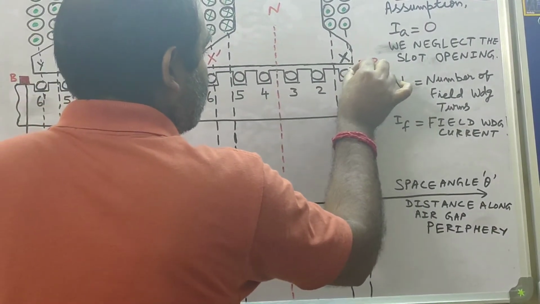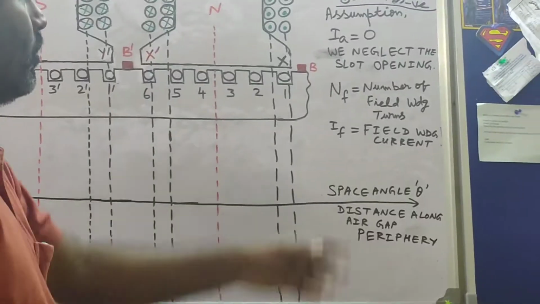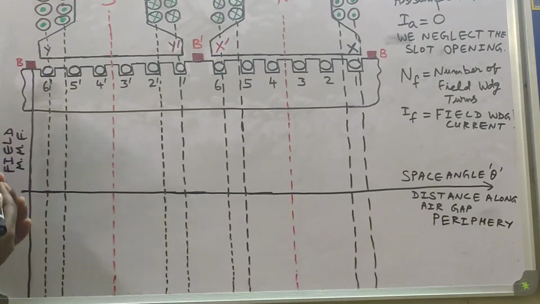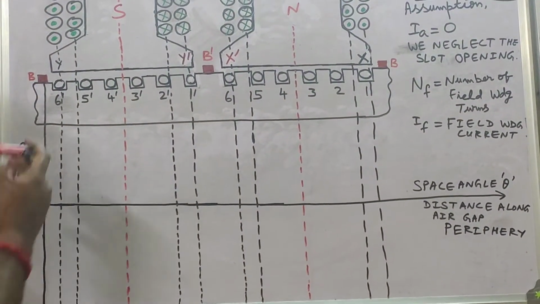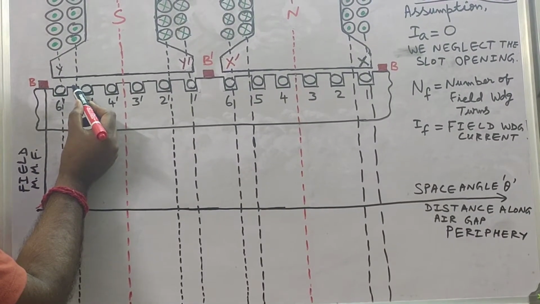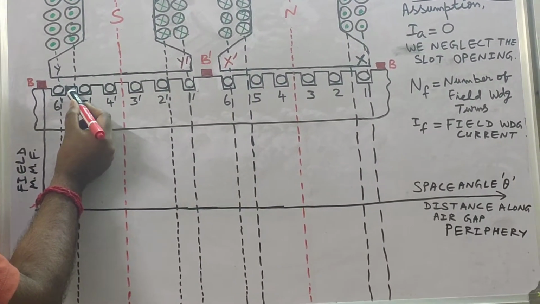Another assumption which I have made is that we neglect the slot opening. Look carefully. Along this portion the air gap is slightly less, but along this portion the air gap is slightly higher. Why? Because here you have teeth.